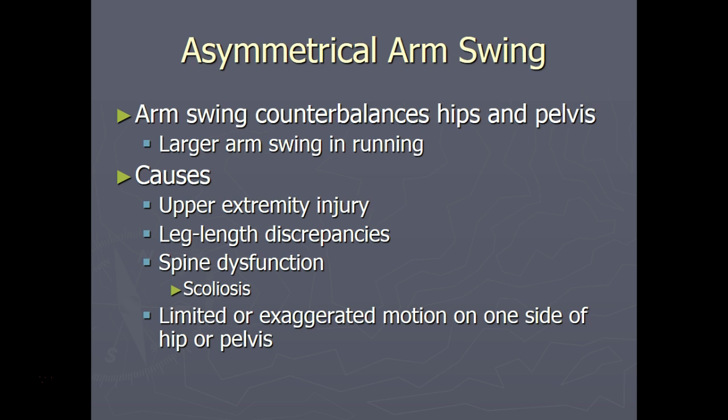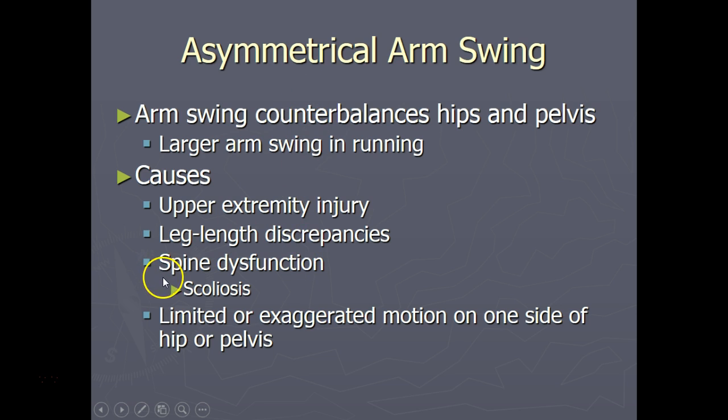What would cause some asymmetrical arm swings? Well, the obvious would be an upper extremity injury. I think the least obvious would be a leg length discrepancy. Remember what we said, arm swing counterbalances both the hips and the pelvis. So if one limb is longer or shorter, so will the arm swing of that particular limb be as well. So that's one thing that we can kind of rule in if we have asymmetrical arm swings.